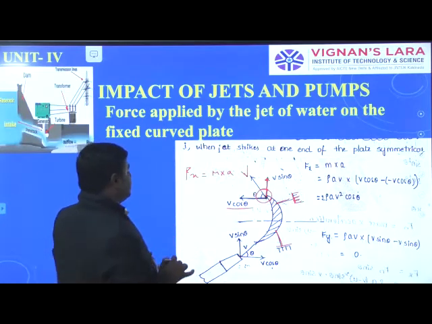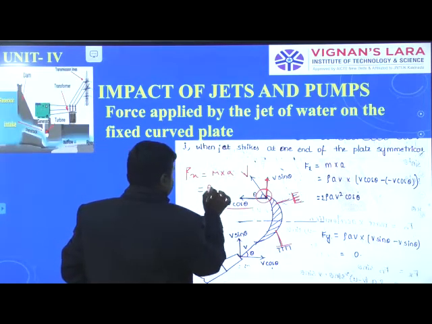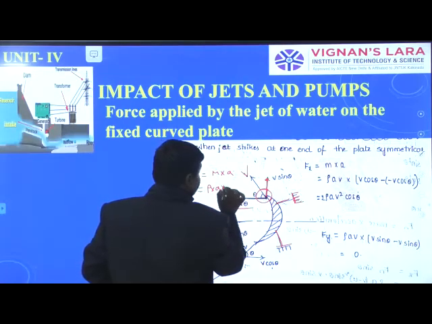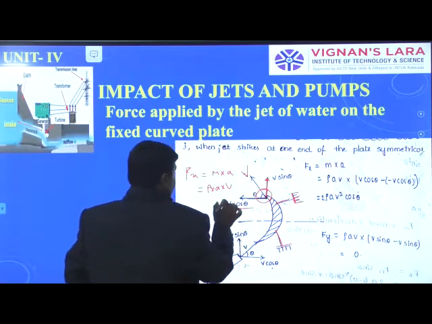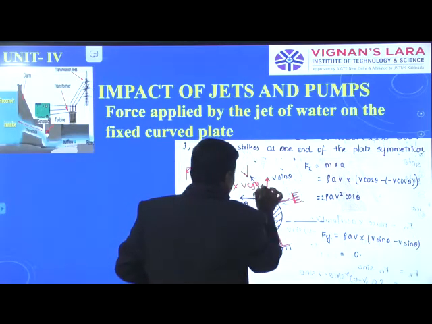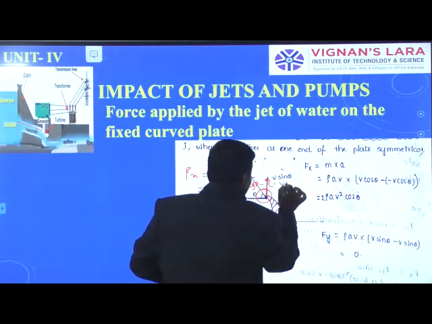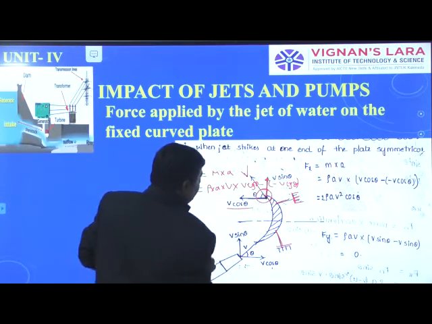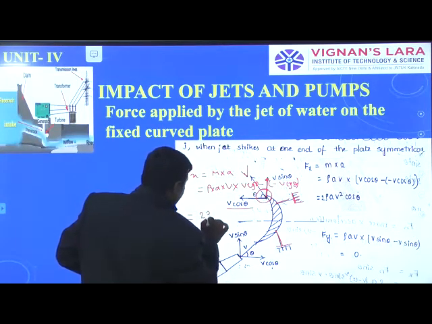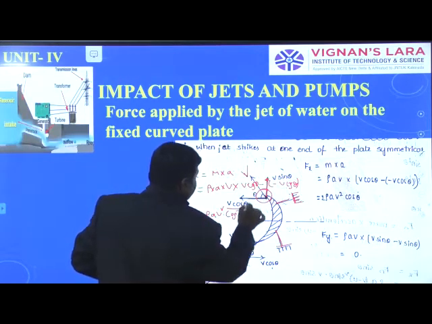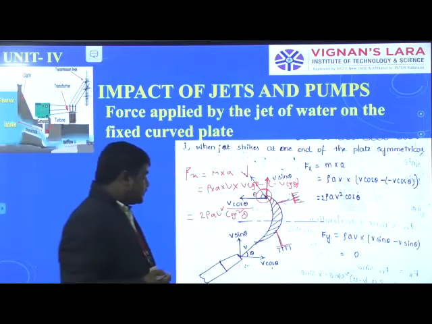Mass is density into area into velocity, into v cos theta minus minus v cos theta. Then we can write it as 2 rho a v squared cos squared theta, because cos into cos gives cos squared theta.